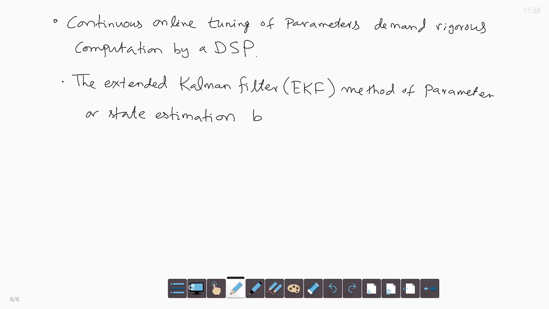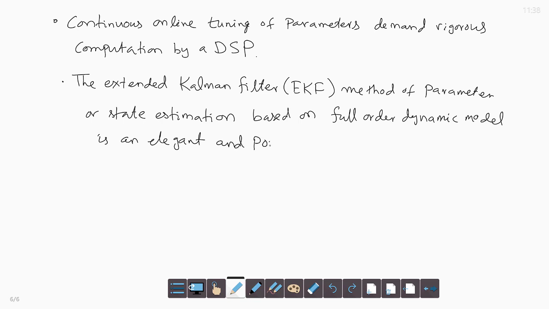It is based on the full order dynamic model. So, this is an elegant and powerful method which is used very often.